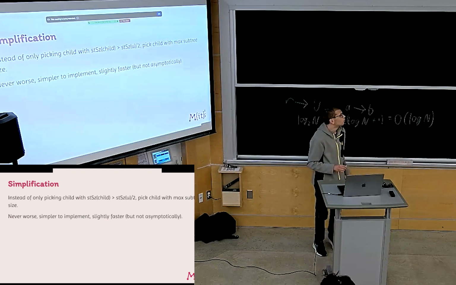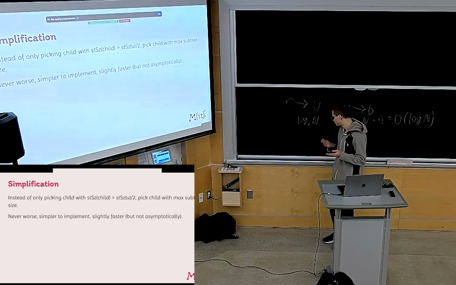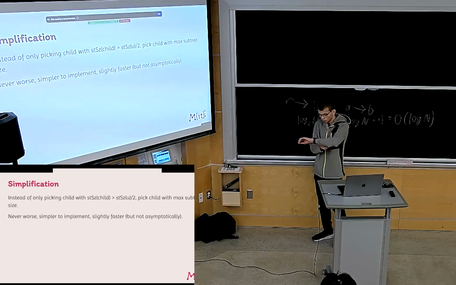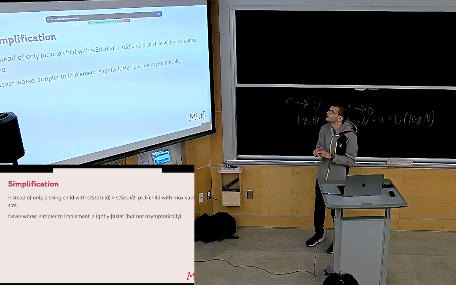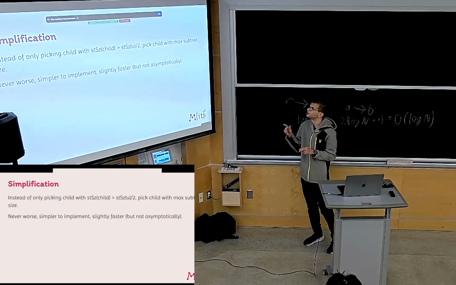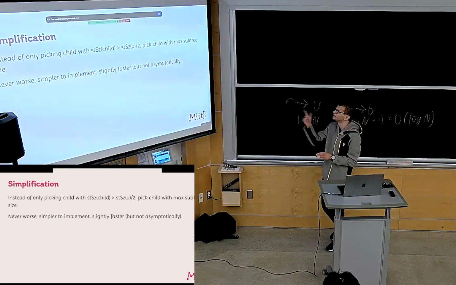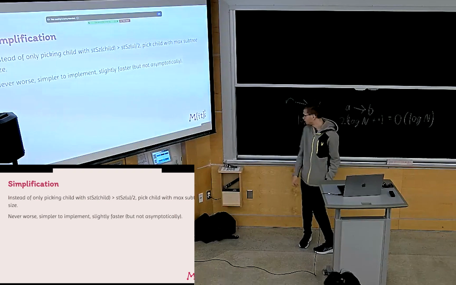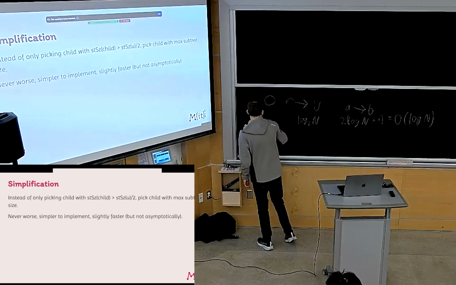Okay, so one simplification we can do is, instead of making the heavy child always go to the subtree that has size greater than half, we can instead just make it go to the heaviest subtree. The idea is, in our older implementation, we might have been slightly wasteful.